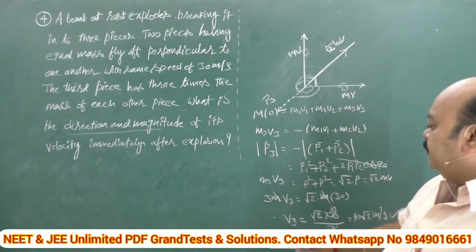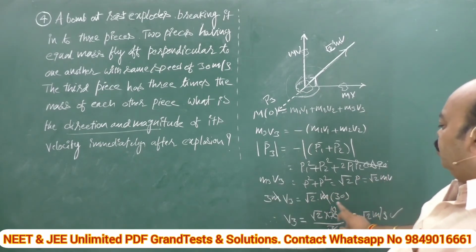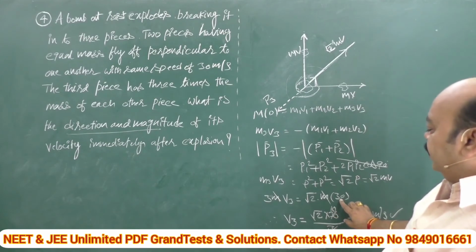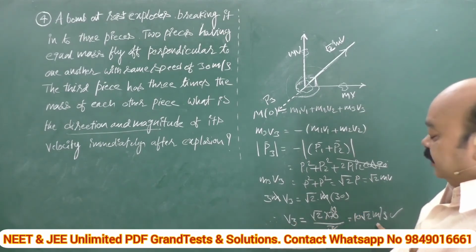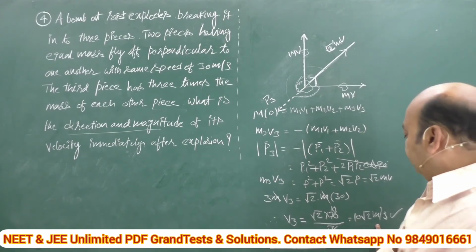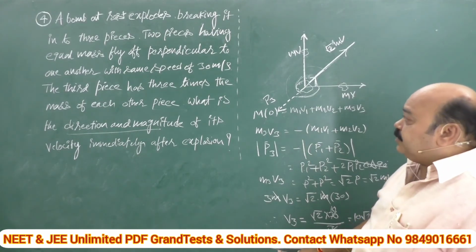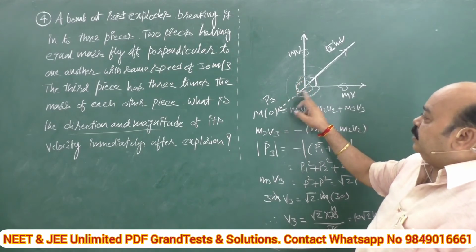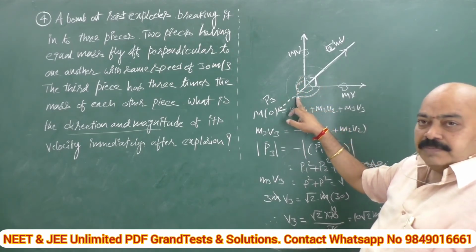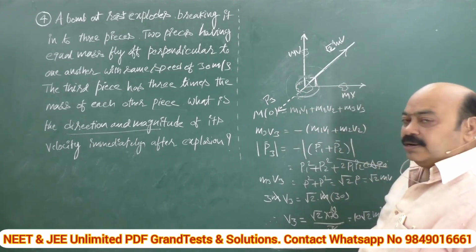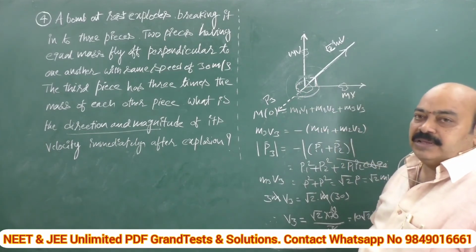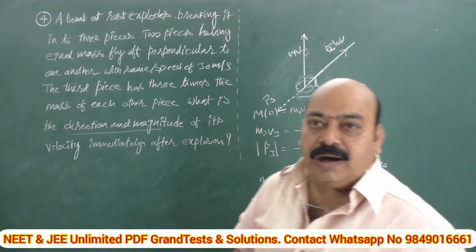So M3 V3 is equal to root 2 mv. Since velocity is 30, substituting the values, it is nothing but 10 root 2 meter per second. What is the direction? With the first one or with the second one it has the same direction. With respect to this one, it is 135 degrees, either with the first part or with the second part.